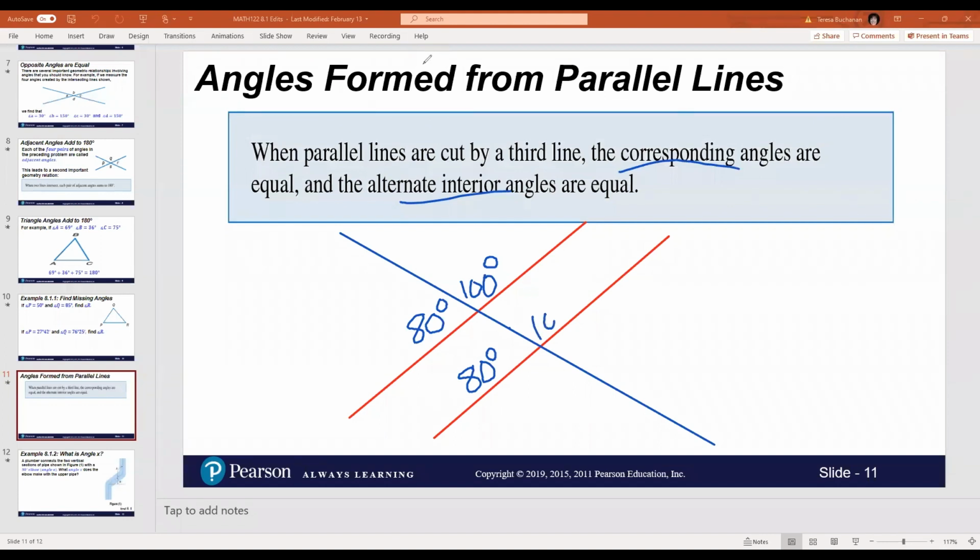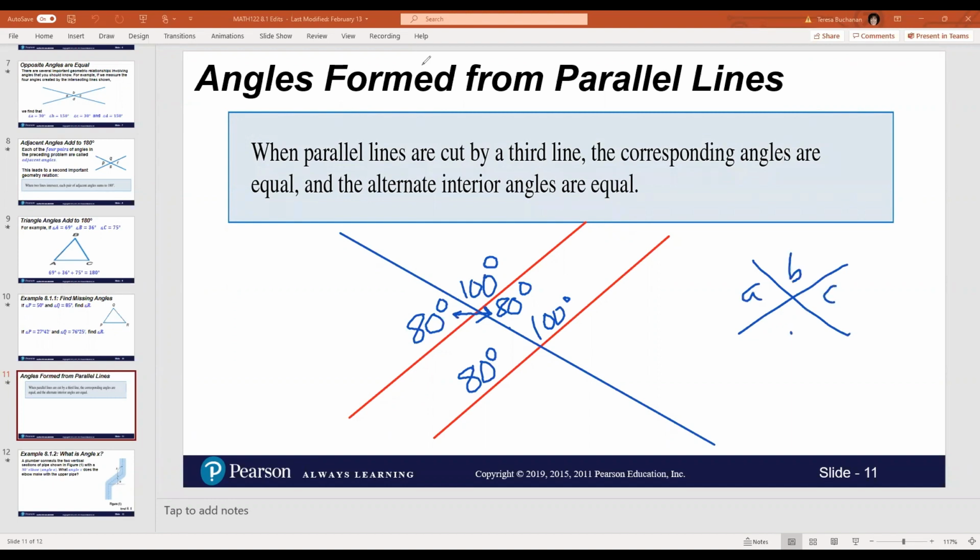This is corresponding to the other 100, but you would also be able to say it's all the 180 that sits on that straight angle. We know that this has to be 80. We know it in two ways. We know that again here, this has to be a total of 180 sitting on that straight line, but we would also know that it's 80 based on the fact that these are opposite angles across that intersection.